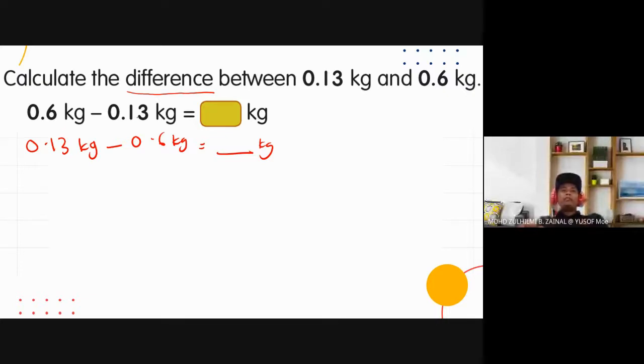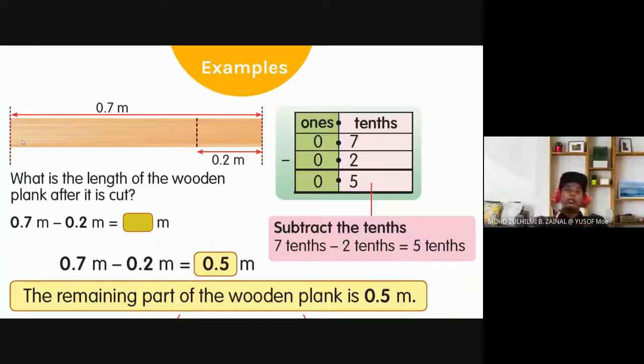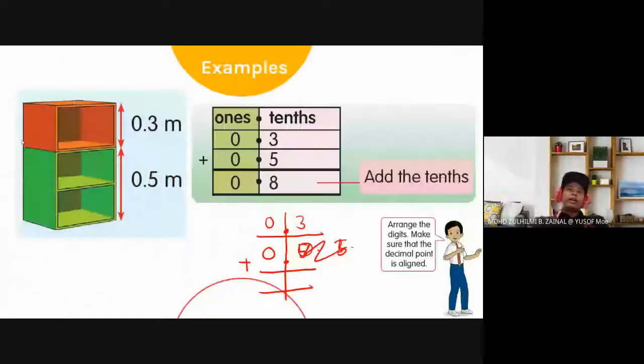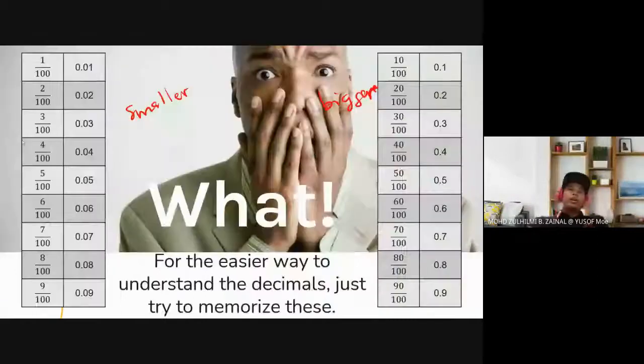Which is smaller, 13. This 6, actually 0.6 is actually 60 of 100. Make sure to change it into hundredths decimal fractions first if you don't know, or if you remember the tables that I taught earlier. That's the importance of memorizing the table.